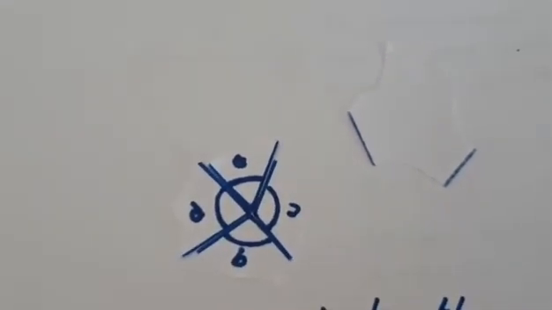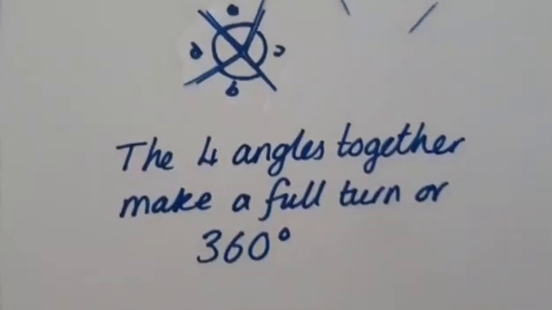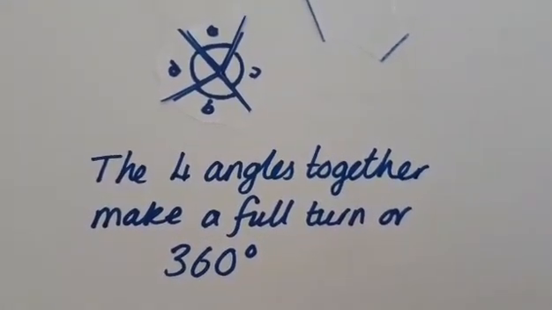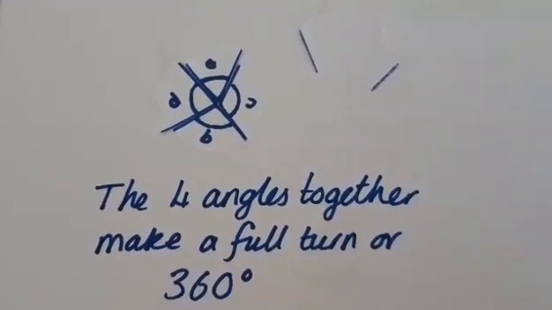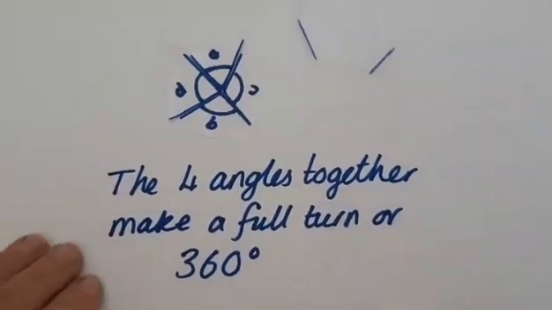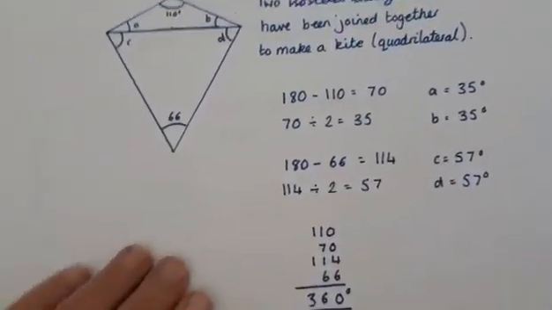And if it's a full turn, that must equal 360 degrees. So the four angles together make a full turn, or 360 degrees, and that's the same for any quadrilateral that you come across.